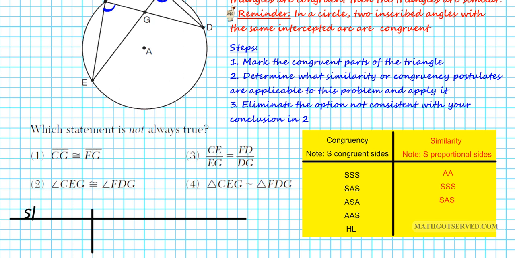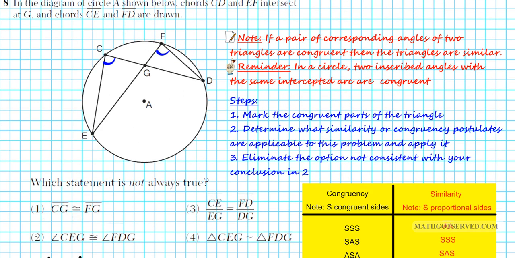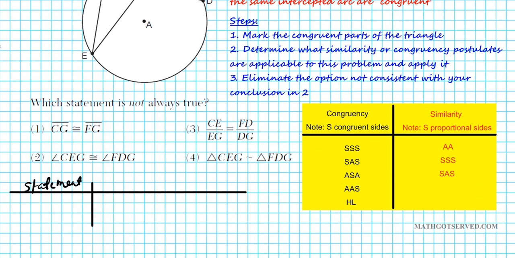The statement that I made is that angle C is congruent to angle F. And the reason is because we have 2 inscribed angles with the same intercepted arc.